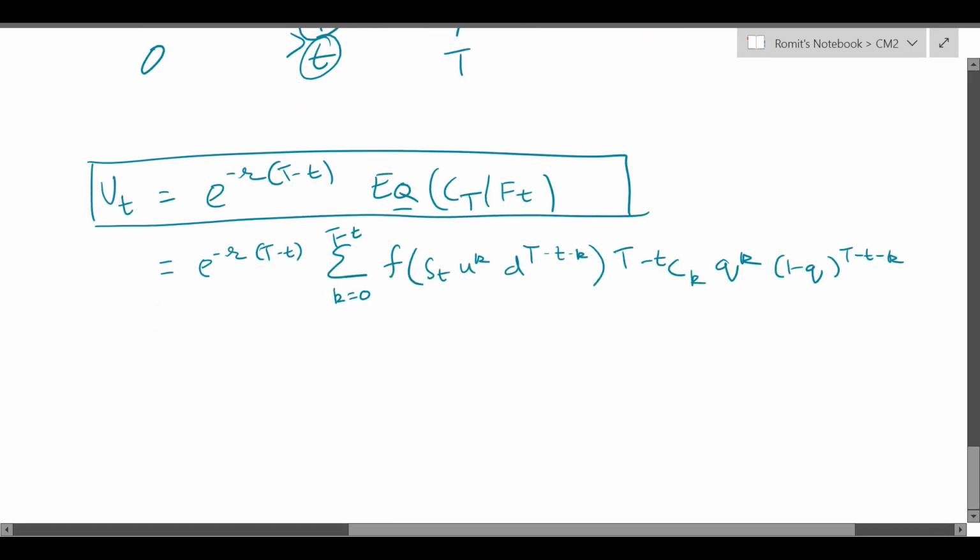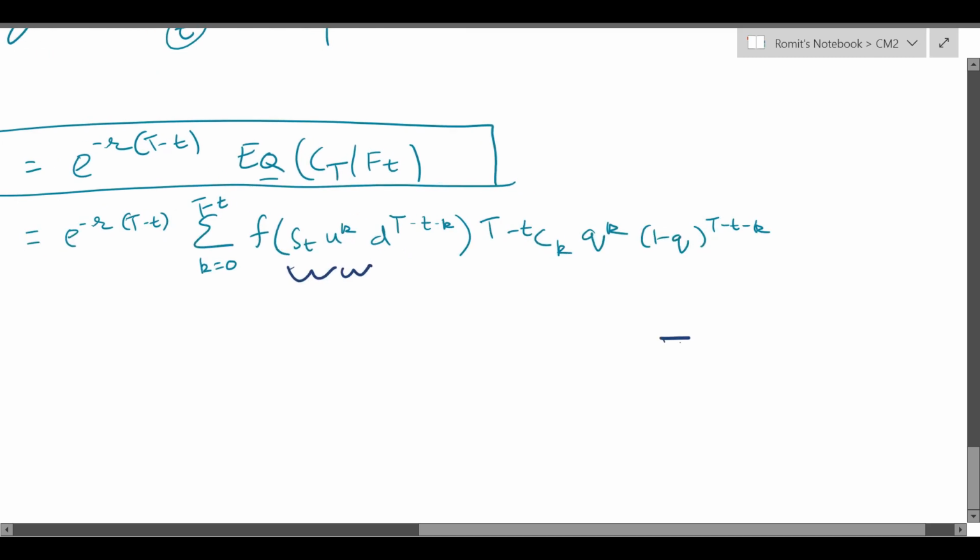So your share price at time small t can be written as S_t. This is known at time small t. After this, let's say there are k upward movements and the total number of periods is capital T minus t. So the number of downward movements will be capital T minus t minus k.